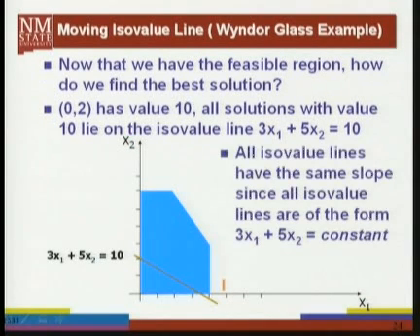And rewriting this as x2 equals negative 3/5 x1 plus 2, right?